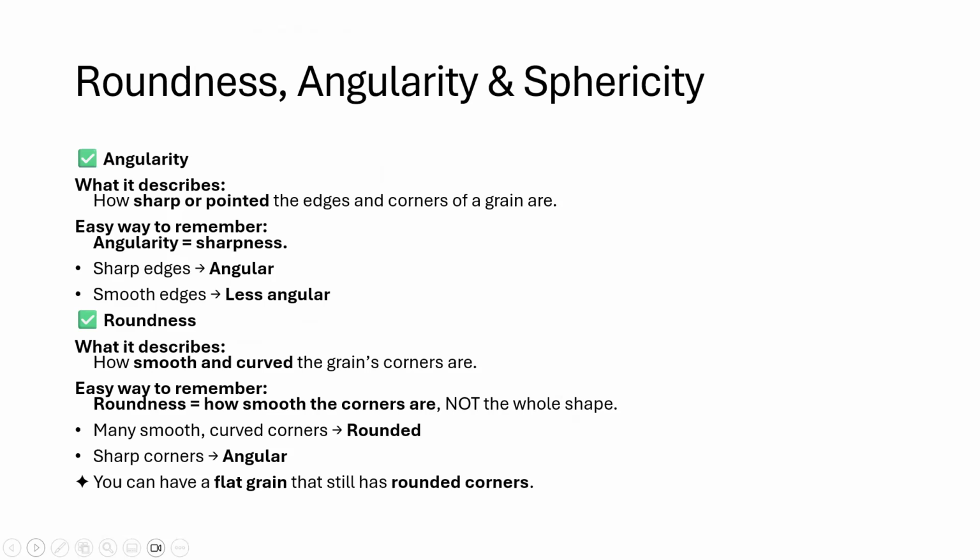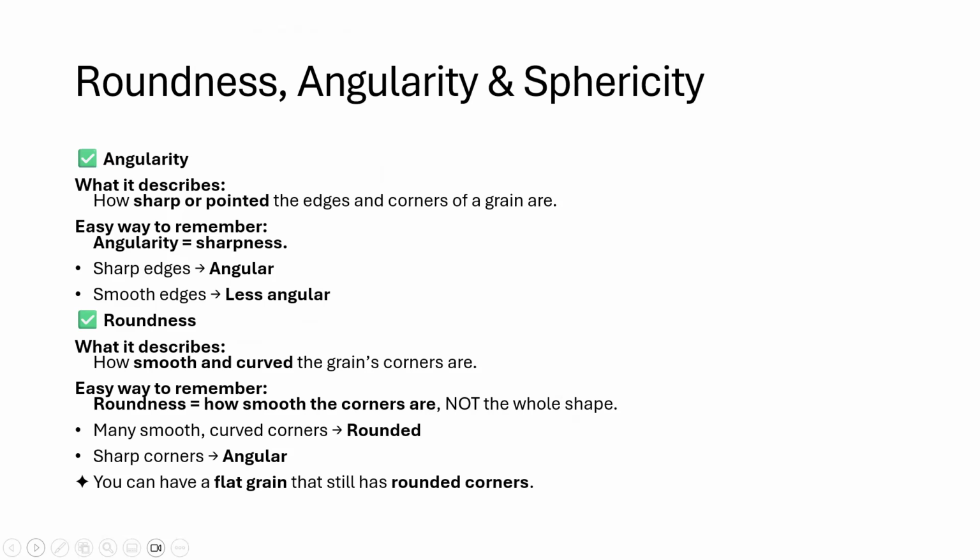Angularity basically talks about how sharp the edges or corners of the grains are. So if the corners of the grains are sharp, one of the ways we identify them is because of what you call jagged corners.